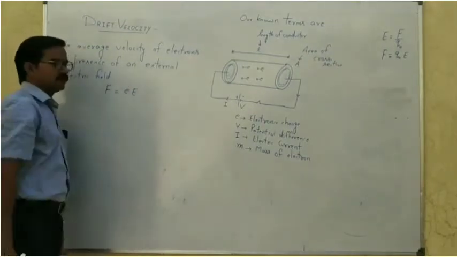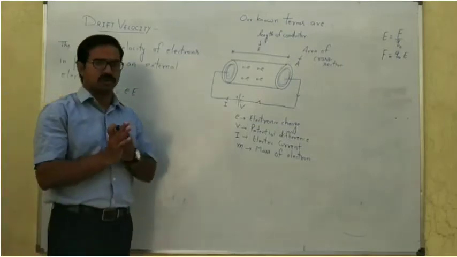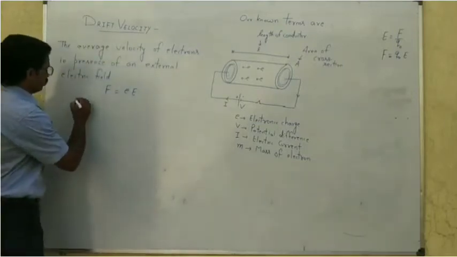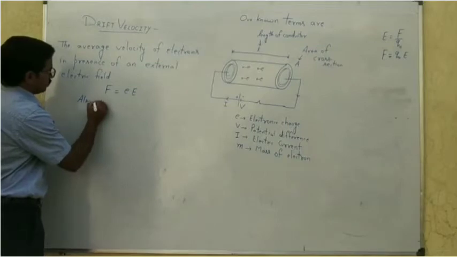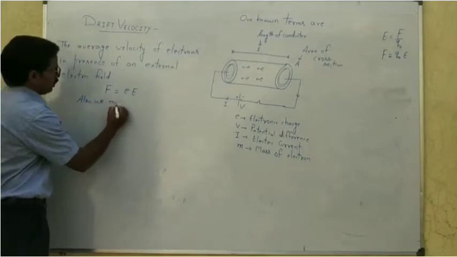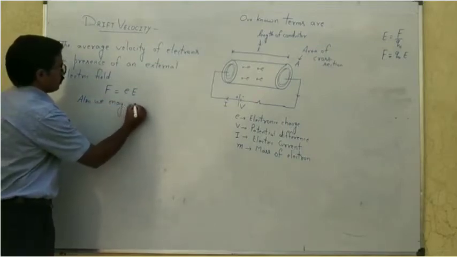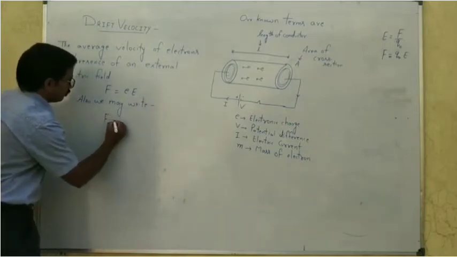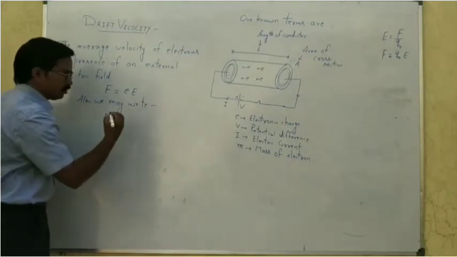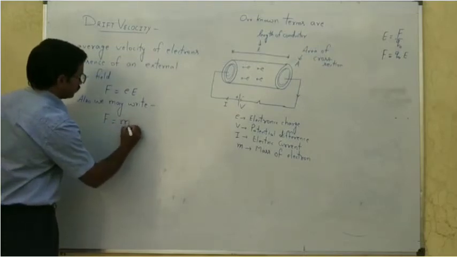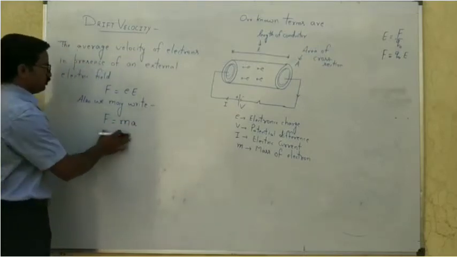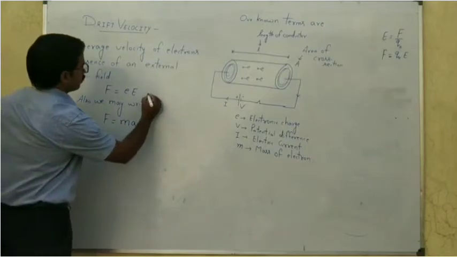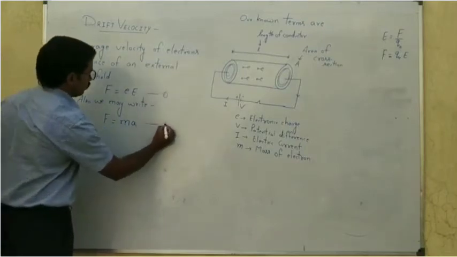Same force we can get with the help of the second law of motion. The same amount of force we can get by applying the second law of motion, that is F is equal to ma. This is equation number 2.